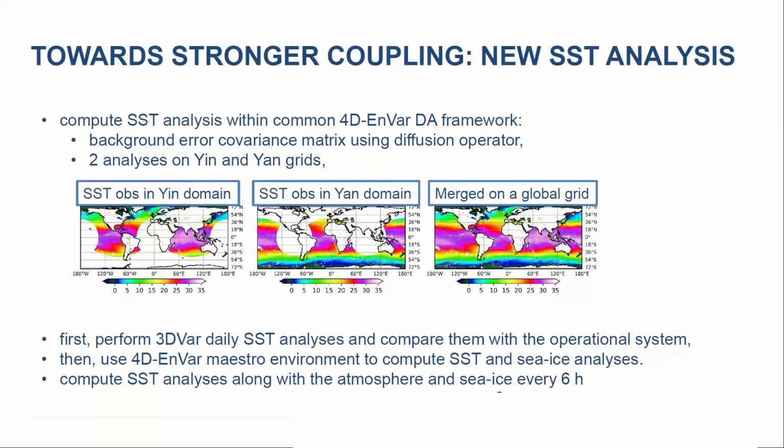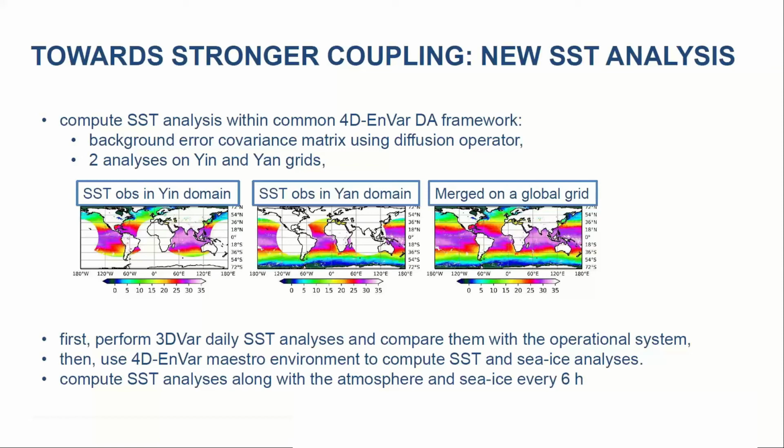The analyses of SST and CICE actually use the background error covariance matrix, which is computed using the diffusion operator, and both SST and CICE analyses are produced on yin-yang grids, which is useful to avoid the pole problems.